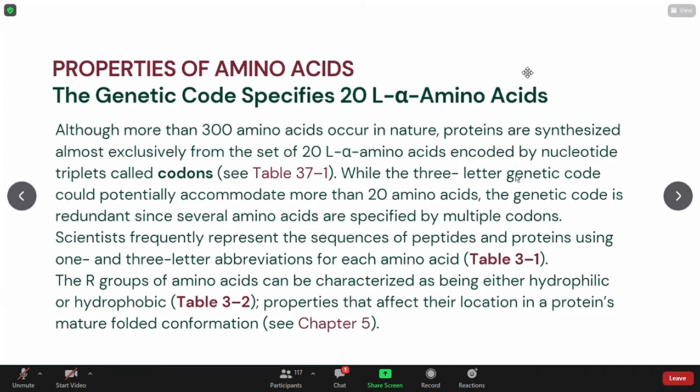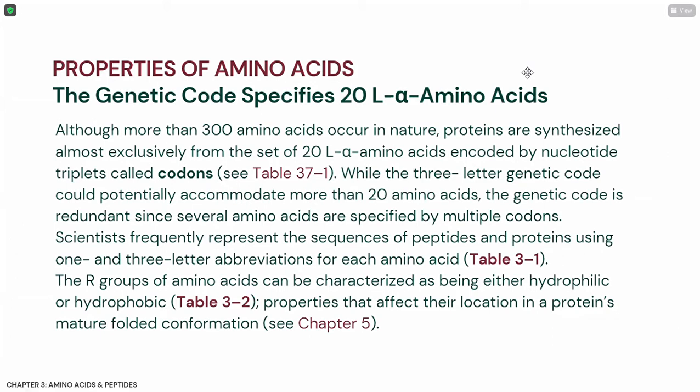And the genetic code, the letters there correspond to the first letter of your bases, the purine base and the pyrimidine base.